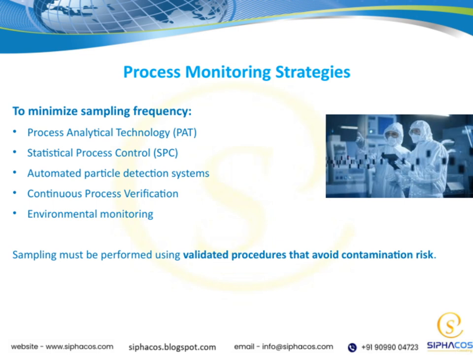It's important to remember that when we perform sampling, we need validated procedures that are designed to avoid any contamination risks. This way, we keep our process safe, reliable, and compliant. These strategies, when integrated effectively, help us achieve a robust process with minimal disruption and optimal control, aligning perfectly with our overall goal of quality assurance.